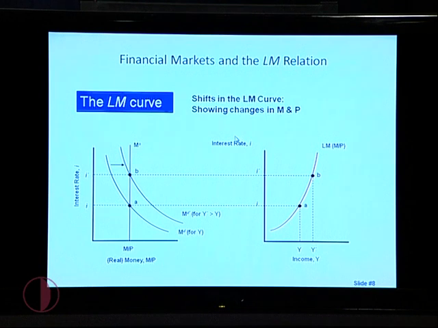Shift in the LM curve showing changes in M and P. This is an increase in money supply. This is greater than this. While the interest rate decreases, what happened?